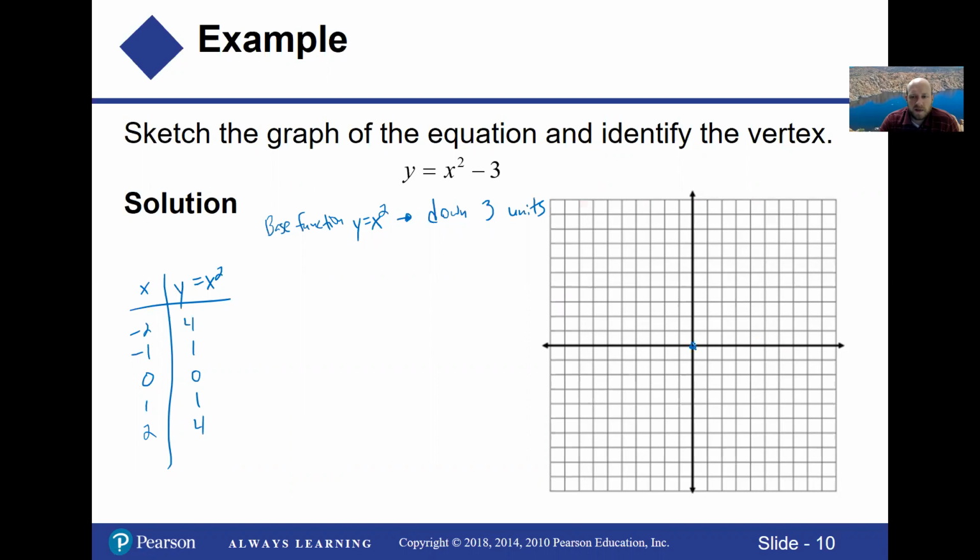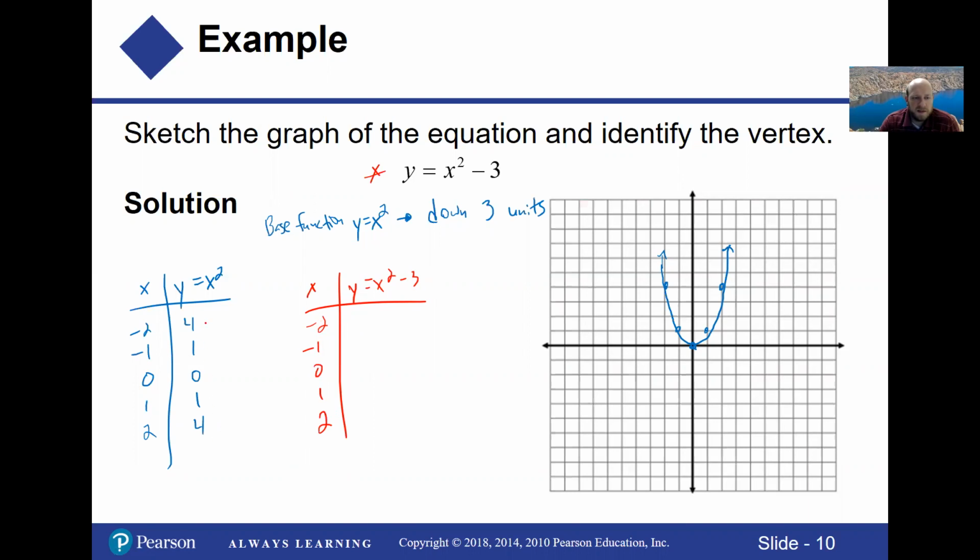Plot all those points, and that's your base function, pretending they are connected. For the new graph, all the x values stay the same, but all the y values shift down.